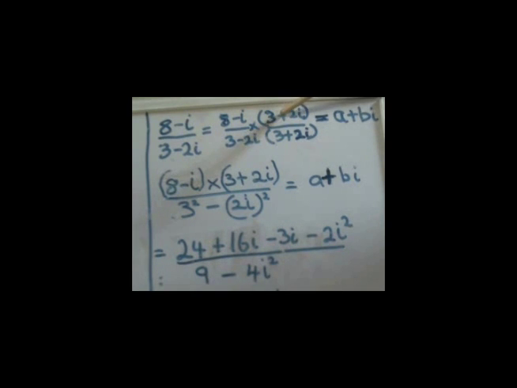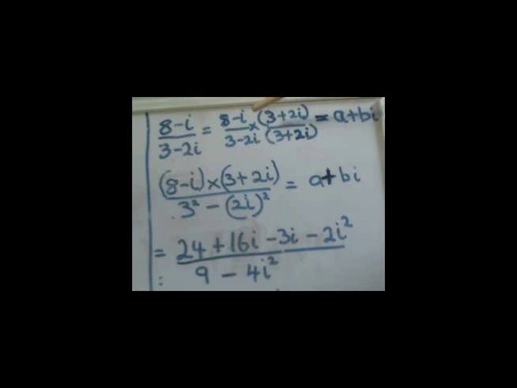And you know, this divided by this is 1. So we introduce 3 plus 2i divided by 3 plus 2i, which is 1, so we are multiplying the expression by 1, trying to use the conjugate of this denominator.